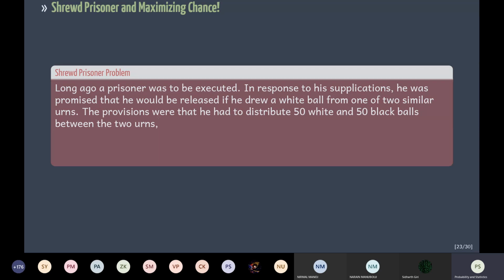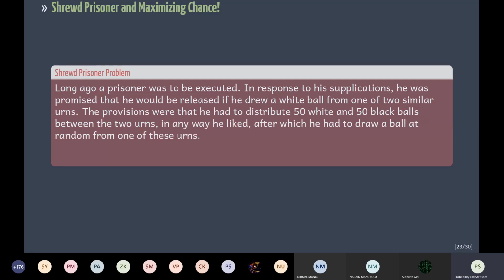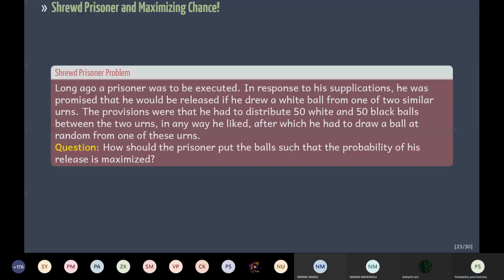The provisions were that he had to distribute 50 white balls and 50 black balls between the two urns, in whatever way he liked, after which he had to draw a ball at random from one of these urns. The question was, how should the prisoner put the balls such that the probability of his release is maximized?